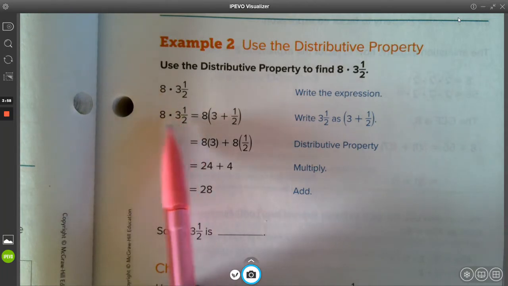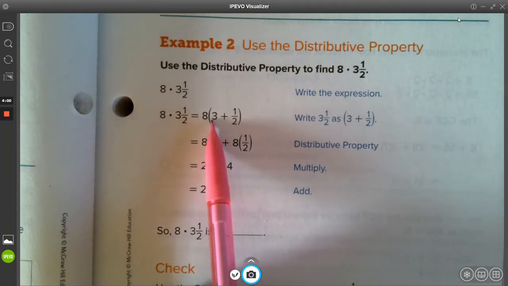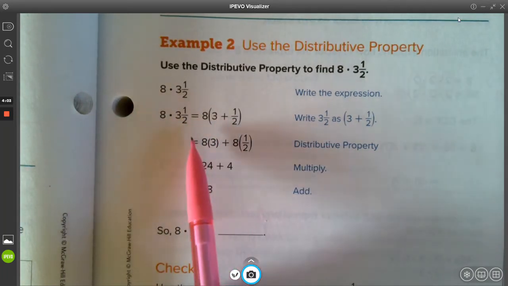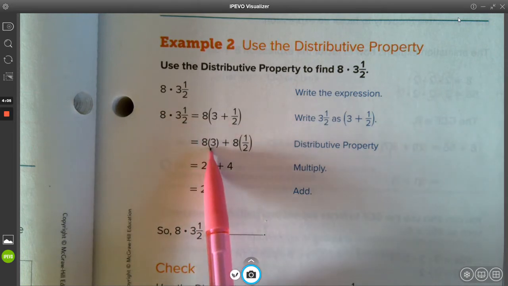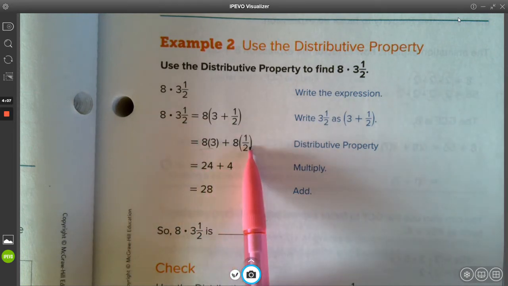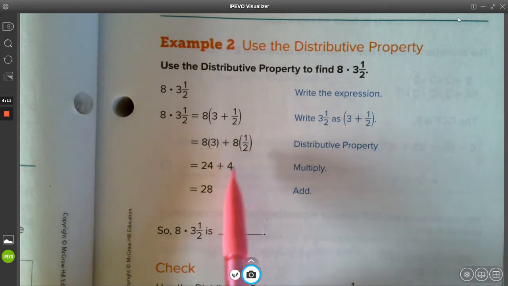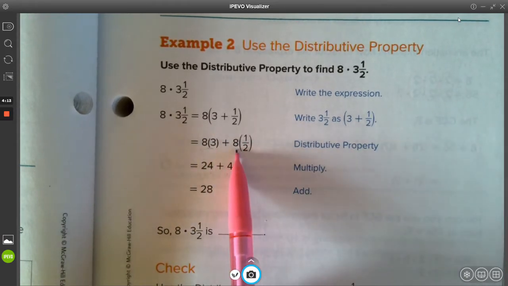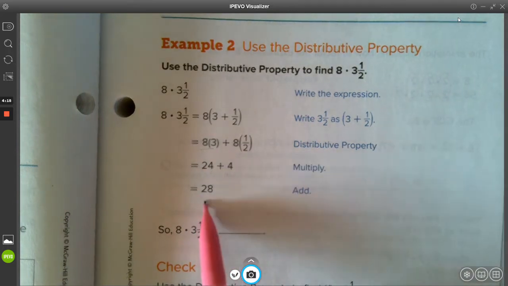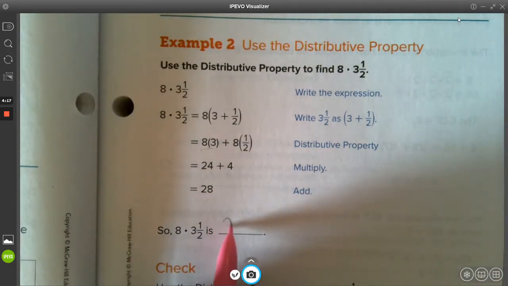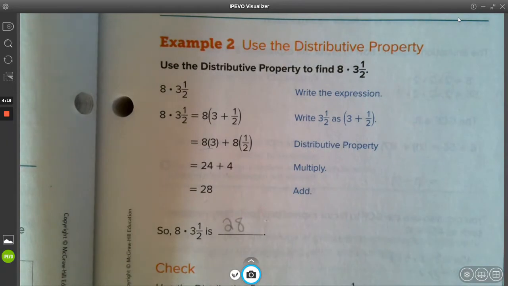We can then do 8 times 3 plus 8 times 1/2. 8 times 3 is 24. 8 times 1/2 is 4 because it's the same as dividing by 2. 24 plus 4 is then 28. So our answer here would be 28.